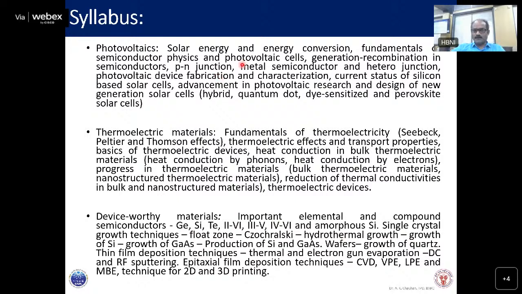But before that, we will see solar cells and thermoelectric devices and fundamentals of semiconductor physics, because that is absolutely necessary to understand the fundamentals of semiconductors in order to understand fully functional working devices.